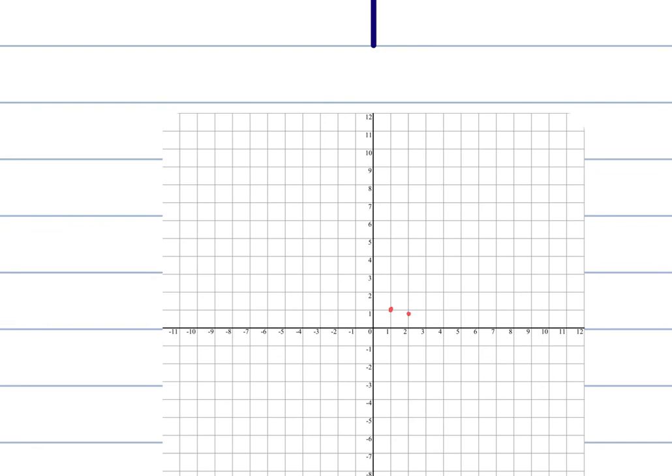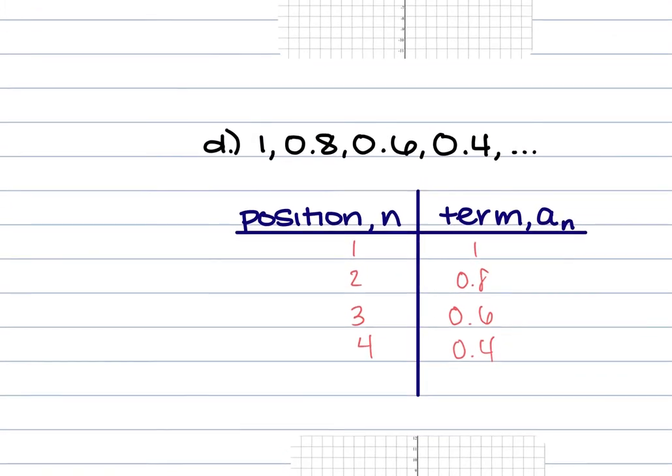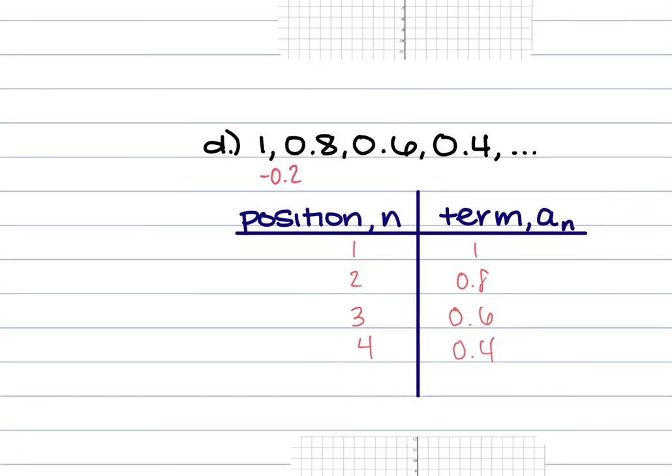At 3, put a dot somewhere in the middle. And at 4, put a dot at approximately 0.4. Hard to see, not that bad though. Do not draw the line. Very good. What's my slope? Negative 0.2. Your slope is -0.2.